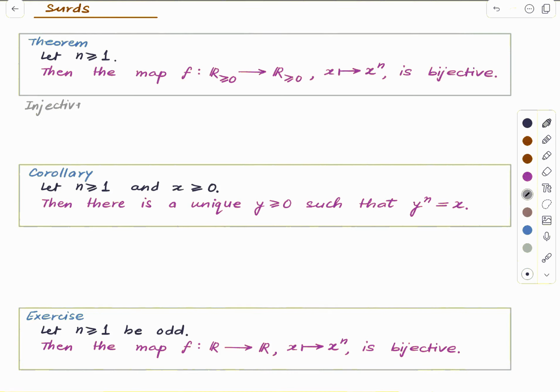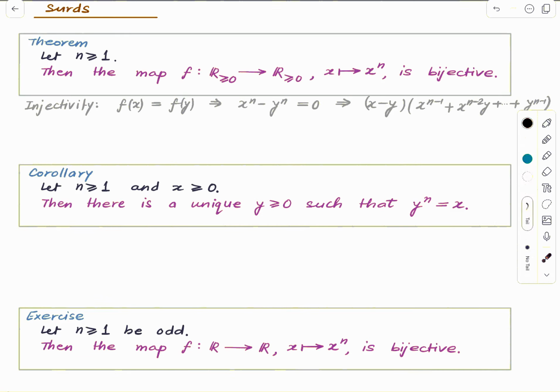So injectivity holds for algebraic reasons. For injectivity, you just suppose f(x) equals f(y), then this must be 0, which implies what exactly? I always get confused here. So yeah, this is x to the n minus 1 plus x to the n minus 2 y plus dot dot dot plus y to the n minus 1, that thing.